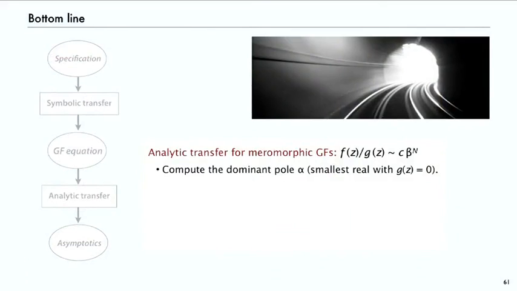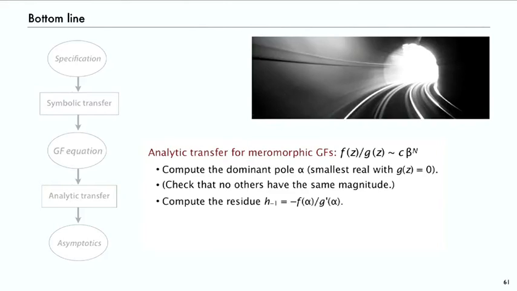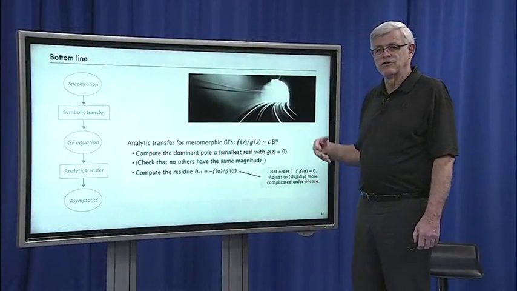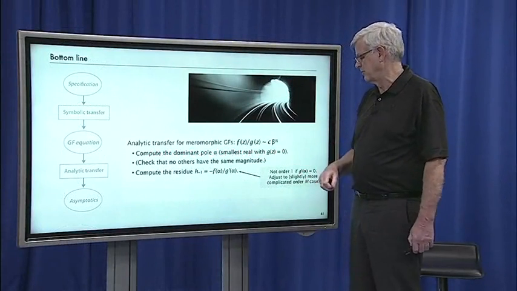Maybe we have to use a math package to do that, but many times it's simple, it's elementary, and we should check that no other poles have the same magnitude. That's usually very easy. I usually just do it with a plot. And then what's the residue? From the theorem, it's just f of alpha over g prime of alpha, an easy calculation. Now you might worry about g prime being 0, well, if g prime is 0, then it's not order 1, so you have to adjust to do the order of m case, but we have a formula for that too.